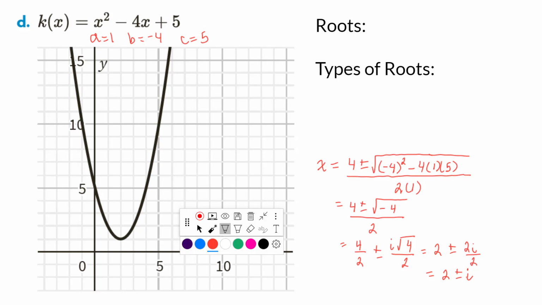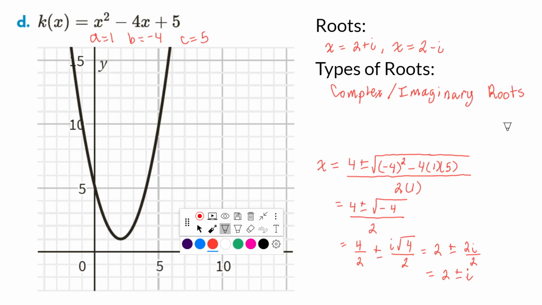So our roots are x equals 2 plus i and x equals 2 minus i, and we have complex imaginary. 2 plus i is considered a complex number. So these are complex imaginary roots. We say imaginary because they involve an imaginary number.